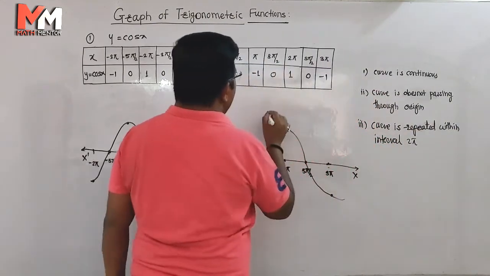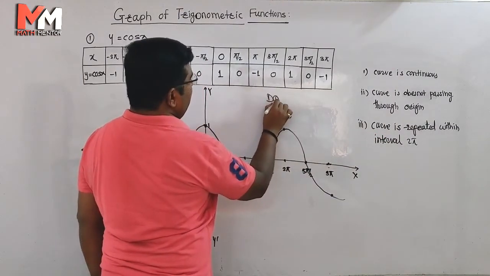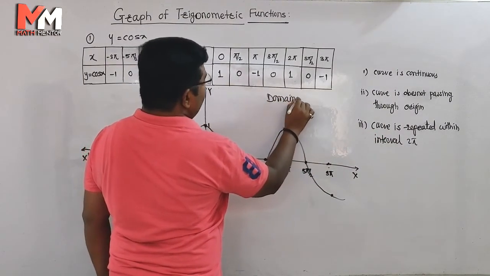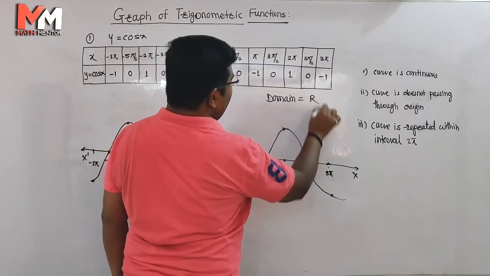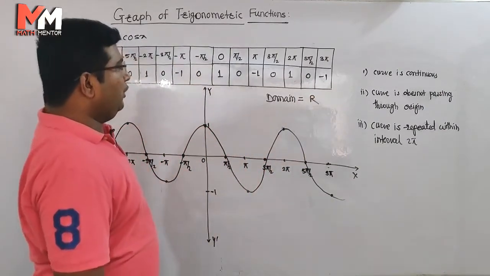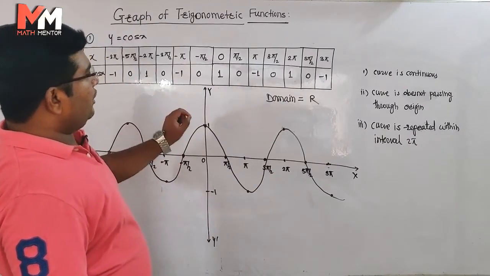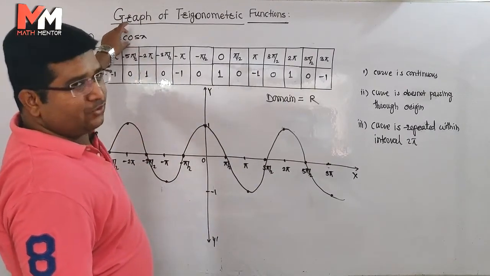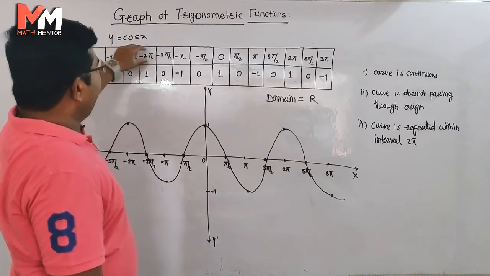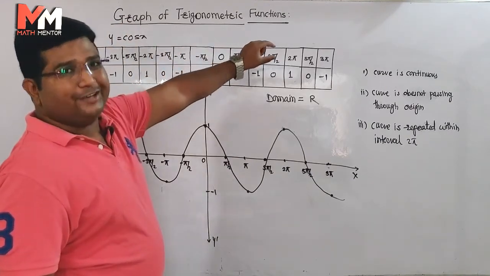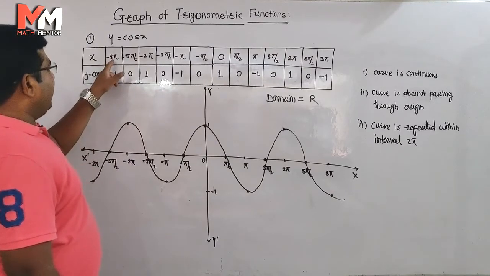And important, the domain and range. Domain of the function y is equal to cos x is R, because I already told you that if we are talking about trigonometric functions sin x, cos x, tan x, cot x, sec x and cosec x, these values of x are real numbers. These values are angles.